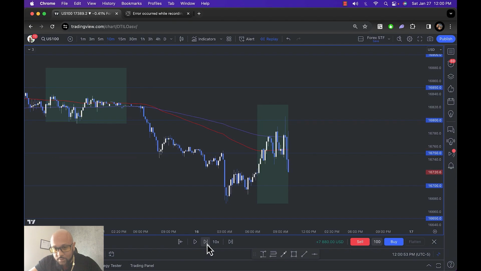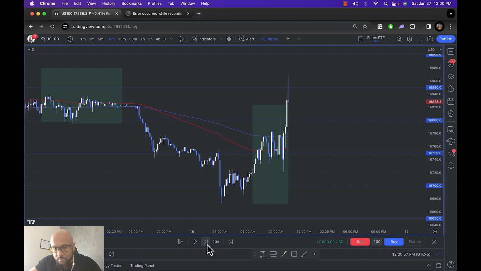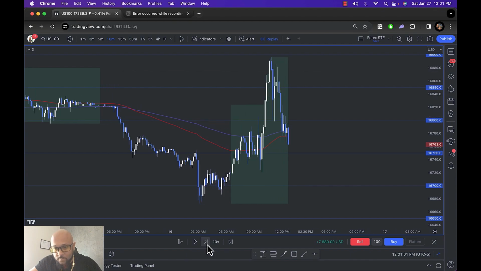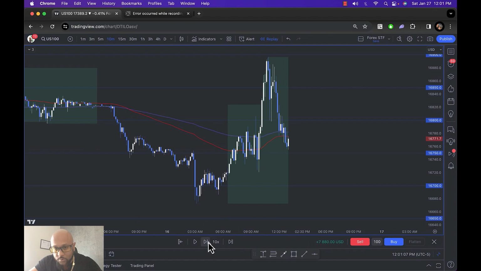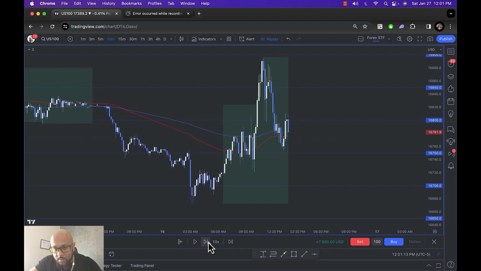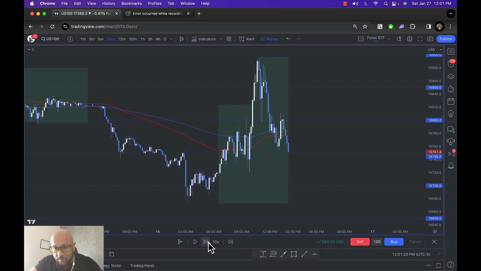Let's be patient. No setups. All right, this is 12:40. We don't really trade around noon. Let's be patient. Another reset. This is very bad price action. All right, so let's see if we get another one.